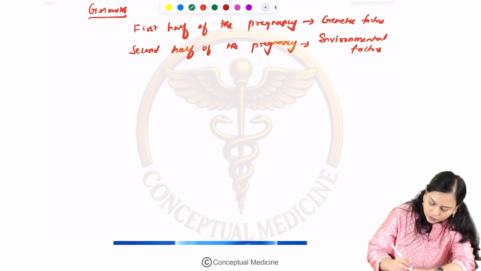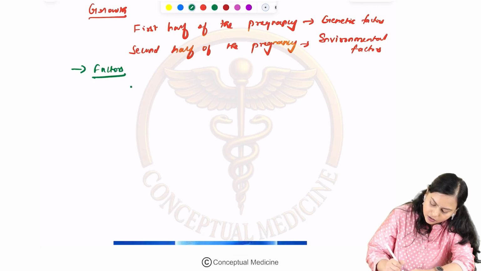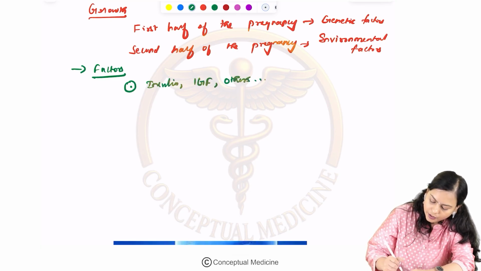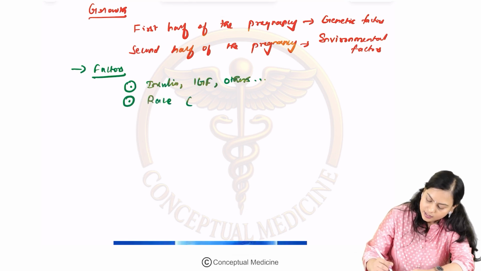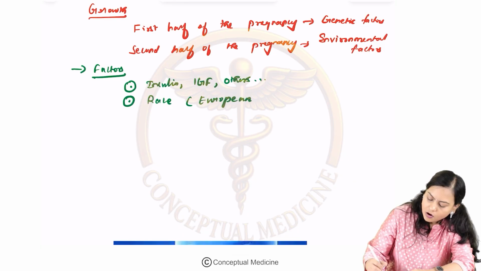For the growth of the embryo, there are some factors, like hormones such as insulin-like growth factors, and some other growth factors also play an important role. Next one is race. For example, European babies are bigger when compared to Indian babies.